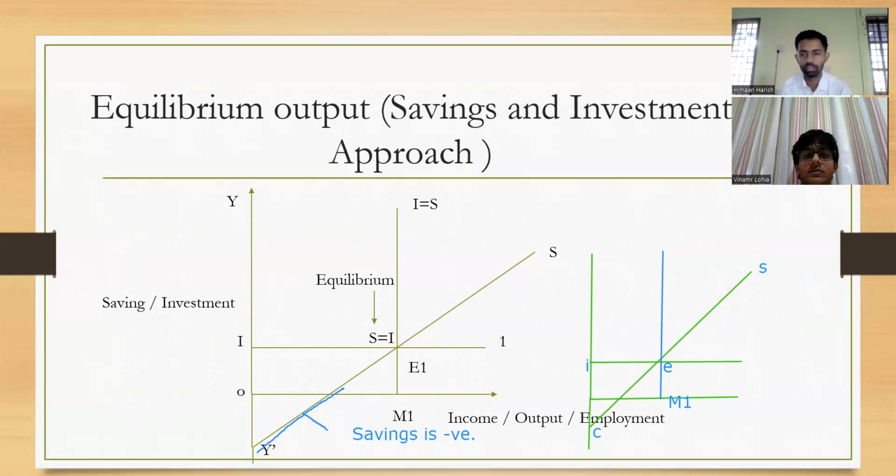There's no third; they don't equate it to output or income. So we just keep that constant line, which is perpendicular to the x-axis, and we name this as income, output, or employment as well. Inventory is the stock in the company. It is not the output.